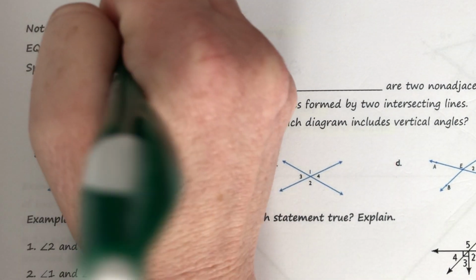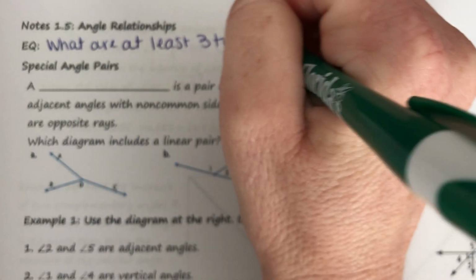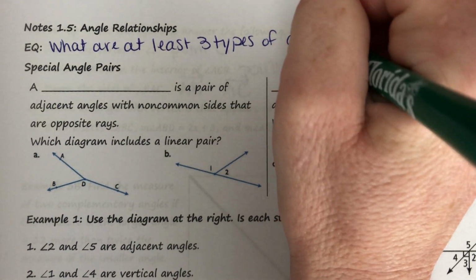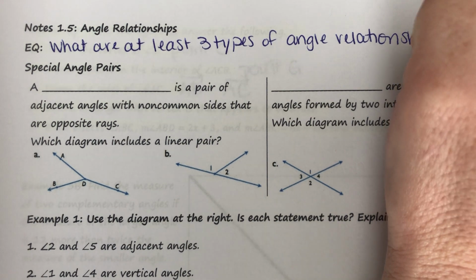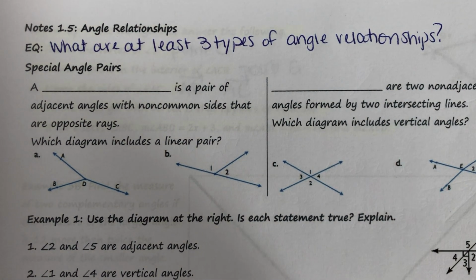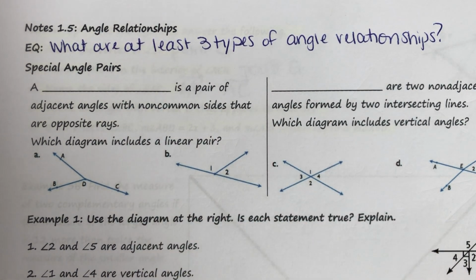Or you could say, describe at least 3 angle relationships. By the time we're done with this lesson today, you'll be able to do that easily.